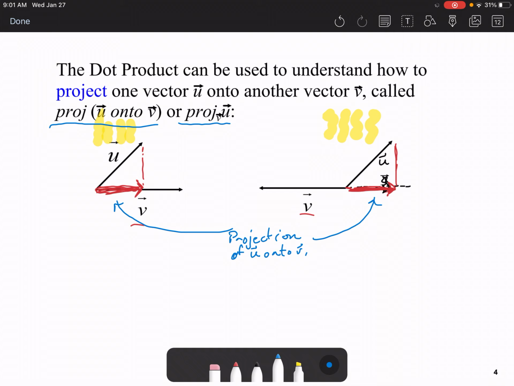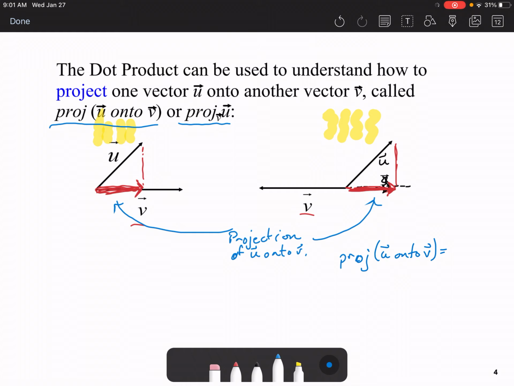Well, in order to figure this out, we're going to come up with a formula for this, to work out the projection of u onto v.